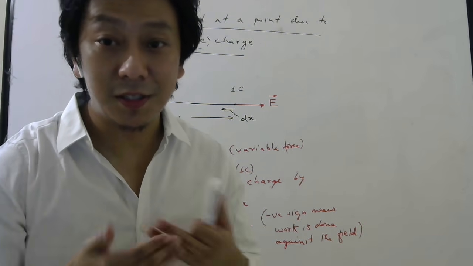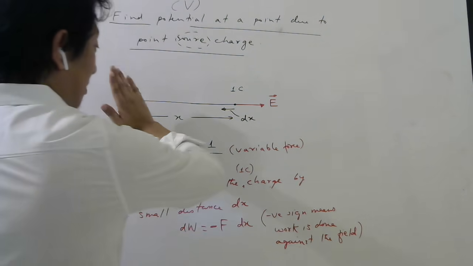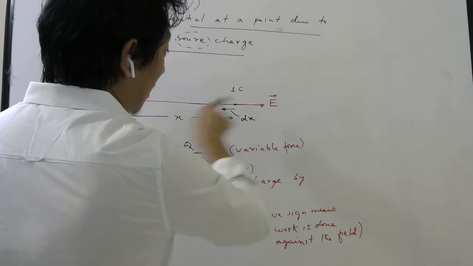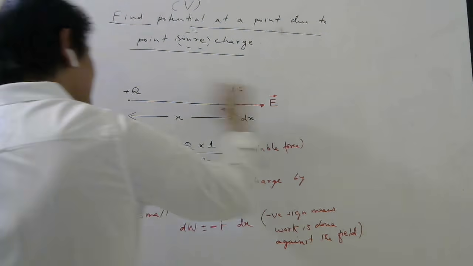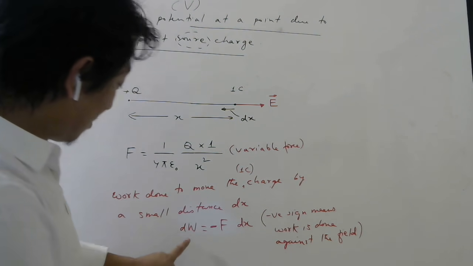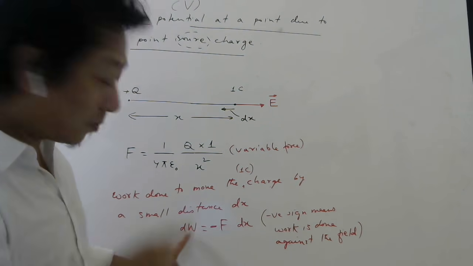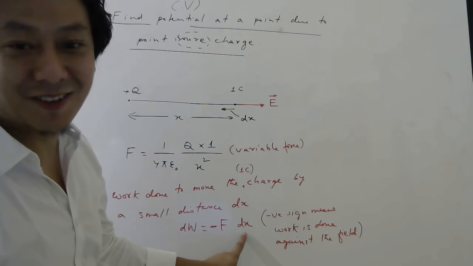So it will be positive work. I am applying force this way against the electrostatic force. Displacement is also this way. So I need to do positive work. So my work done must be positive. But sir, you have written a minus sign. That is because I wrote dx, students, dx.